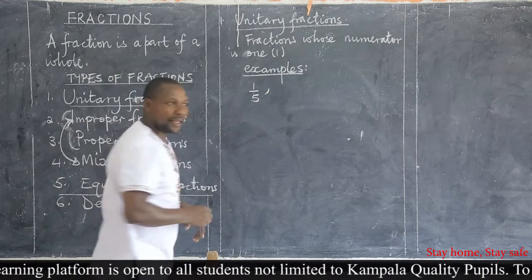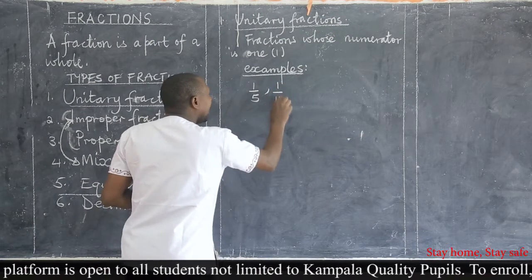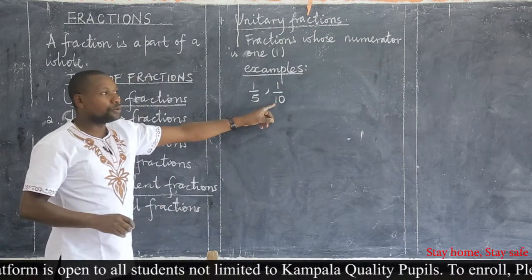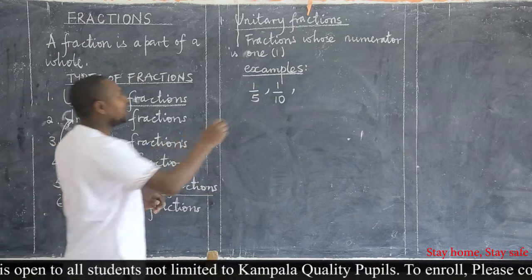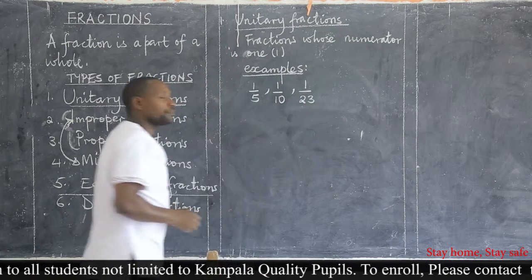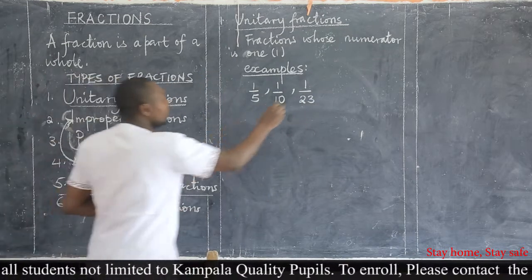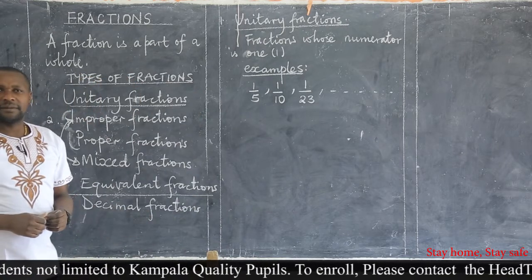Can you give me others? Yes. Somebody is saying, teacher, a tenth. Very good. Give me another example. Somebody is saying, teacher, 1 out of 23. I know you can give as many as you can over there.